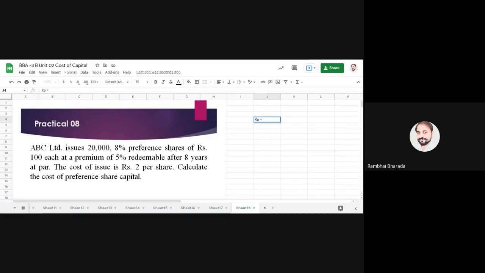So KP is equal to DP plus, in a bracket, RV minus NP upon N, entirely divided by RV plus NP upon 2. Now your turn. Read the entire slide, the practical question.